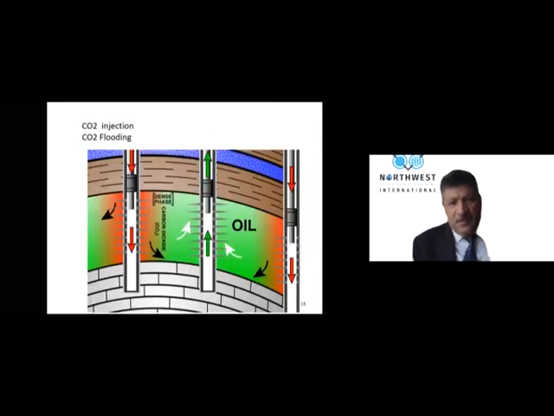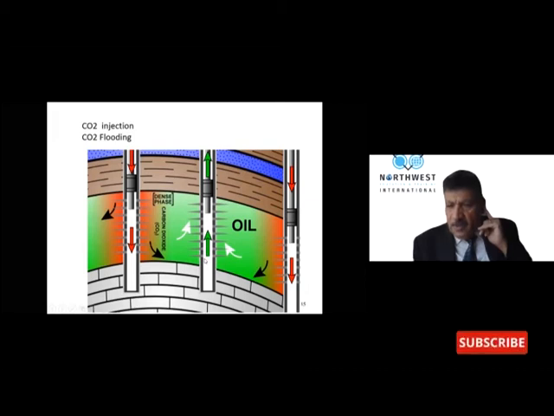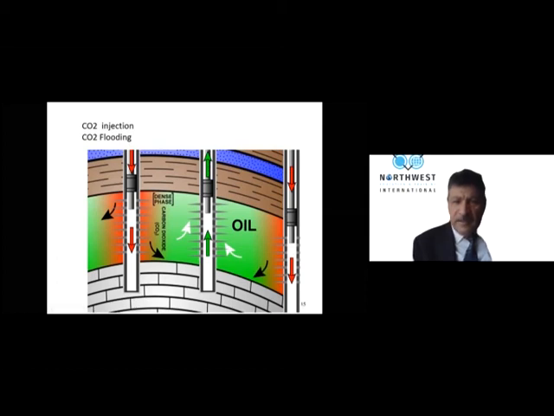And this is the idea of CO2 injection. You target the pay zone, the oil zone. You have an injecting well, the red arrows, and you have the producing well in the middle. And that CO2 will push the oil, make it miscible, easy to flow, and produce from the other side. We call this the line pattern. So we have two injectors, one producer.